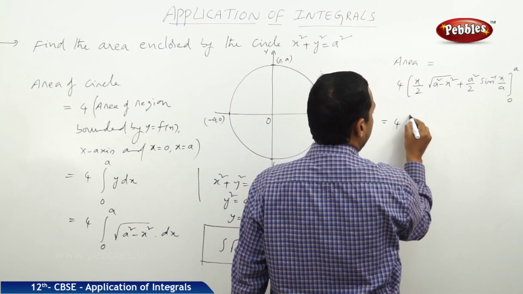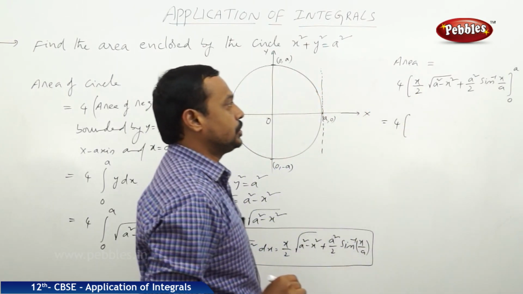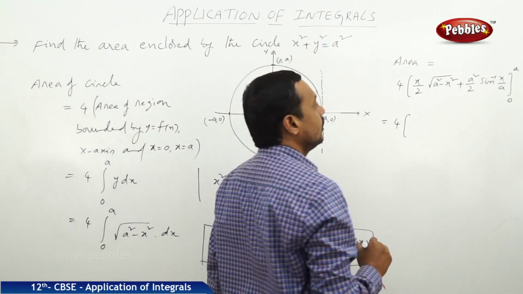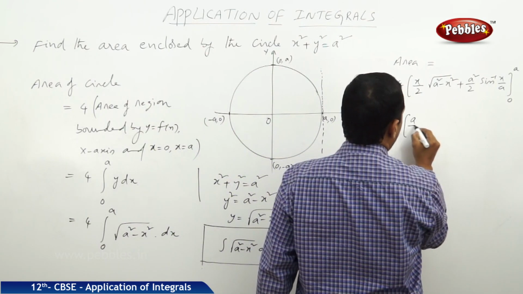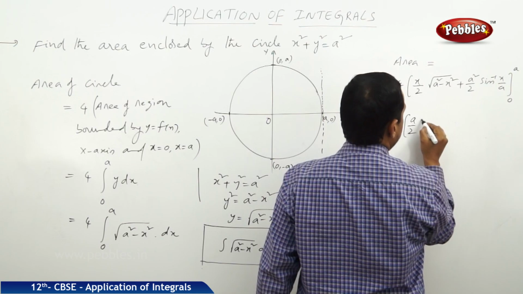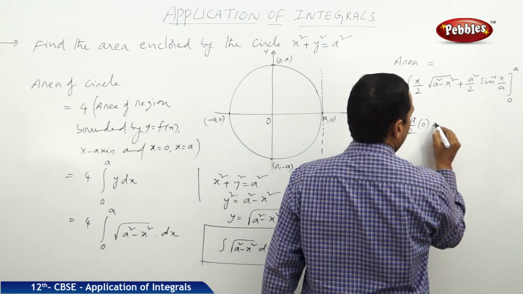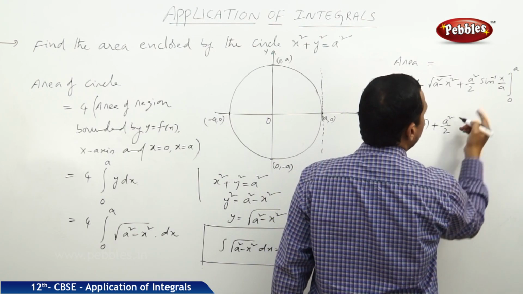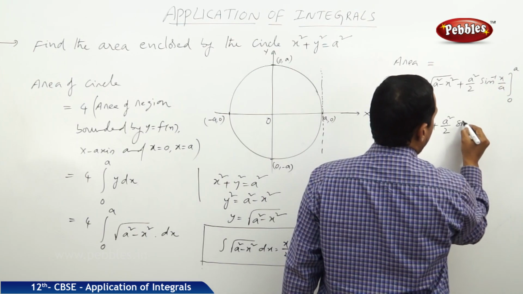Now this is 4 into, first of all substitute the upper limit in place of x, that is a by 2 into root of a square minus a square, of course it is 0, plus a square by 2 into sin inverse a by a, which is sin inverse 1.